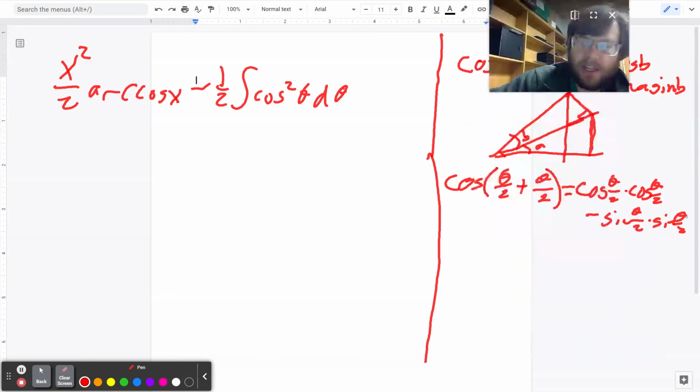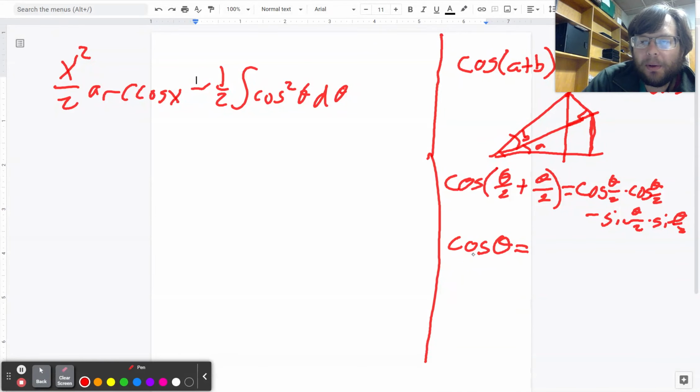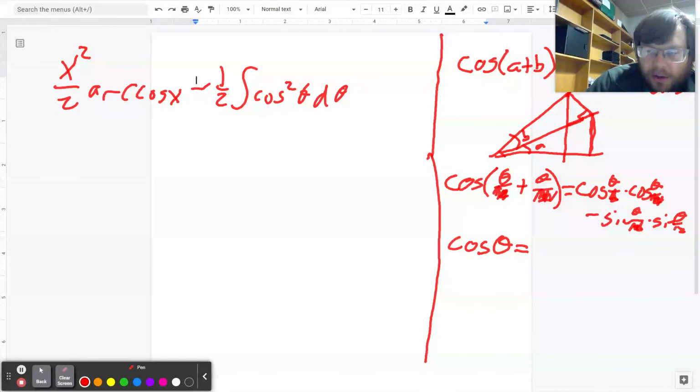And so if I use that idea, I can say that cosine of theta is equal to, actually, I'm changing my mind. Maybe I want to go the other way. So let's just make this into theta plus theta. I think it's easier to go that way.